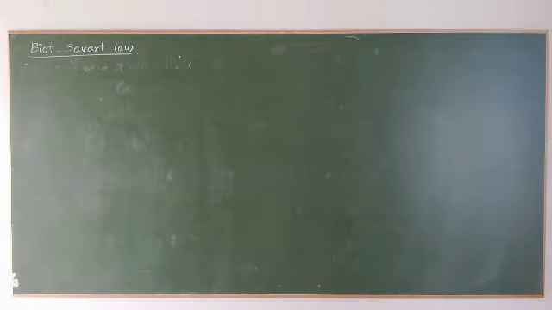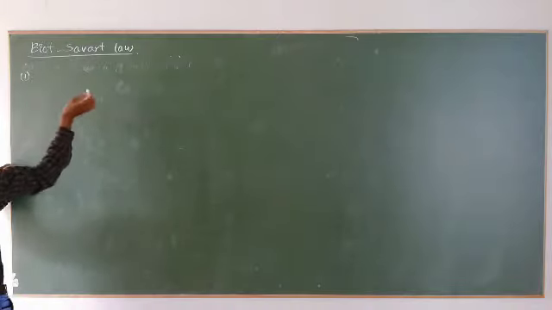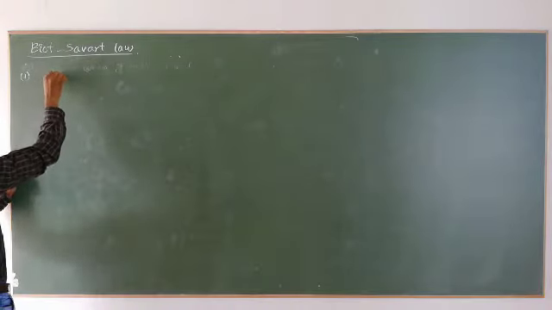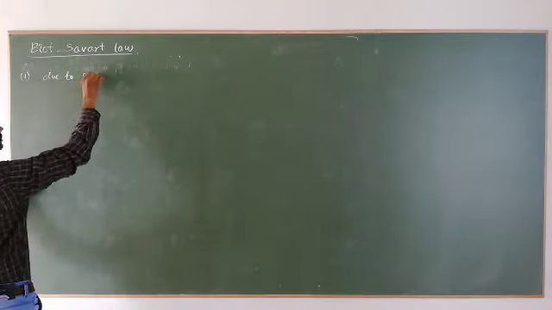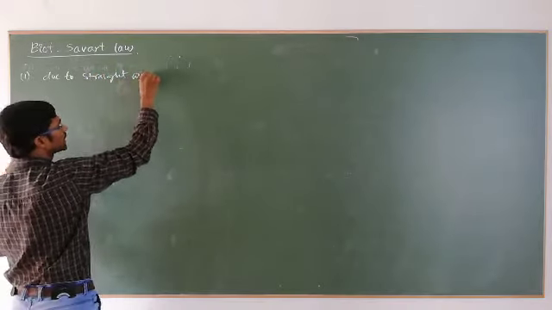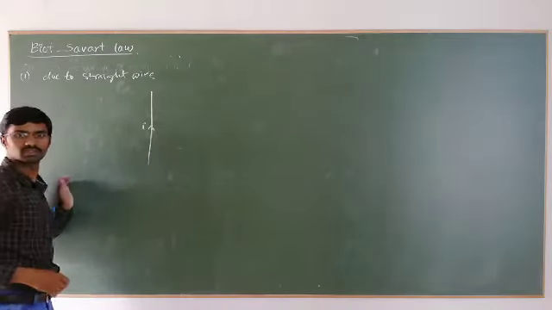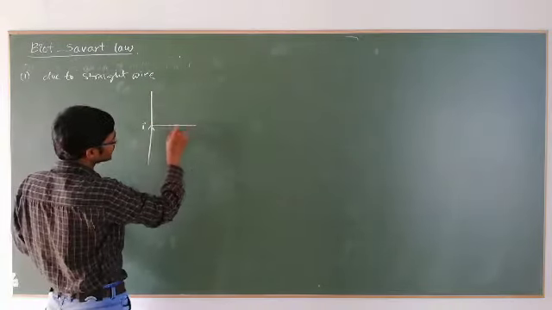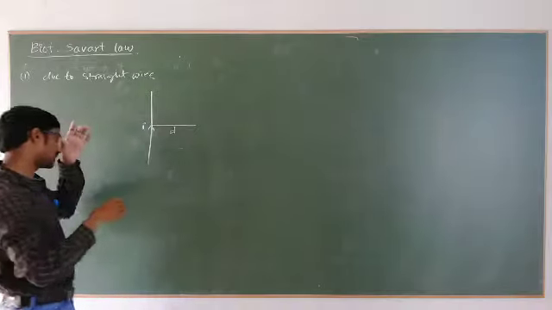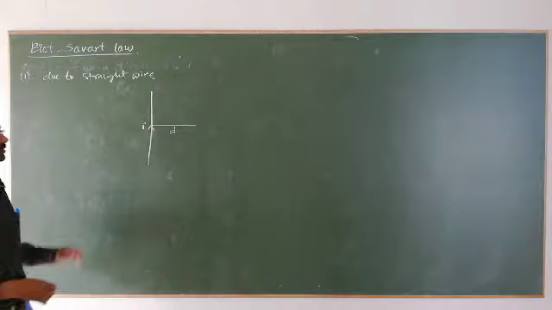So now, let me explain the first one. Already we have seen that due to a straight wire, let me take here a straight wire which is at a distance d. Whatever the length, that is not a problem.